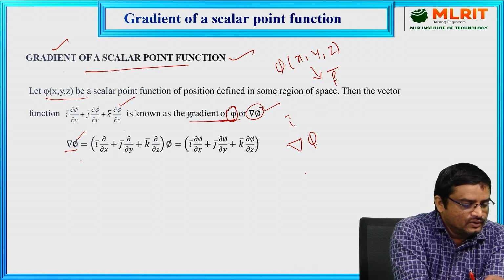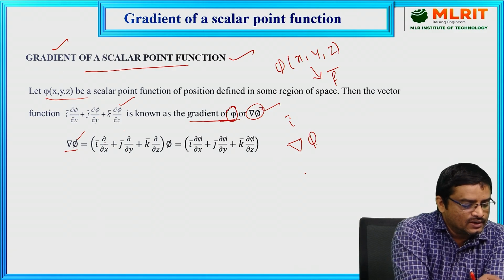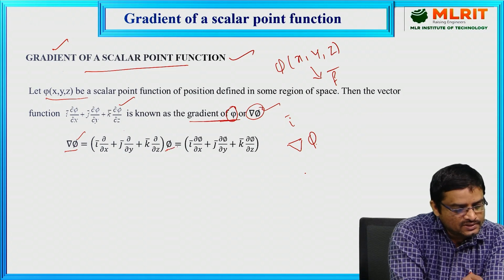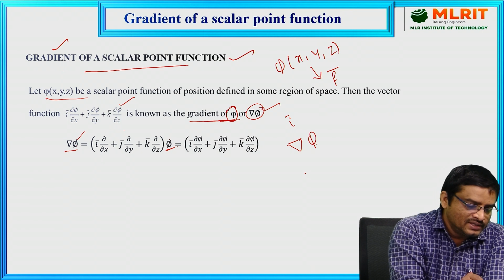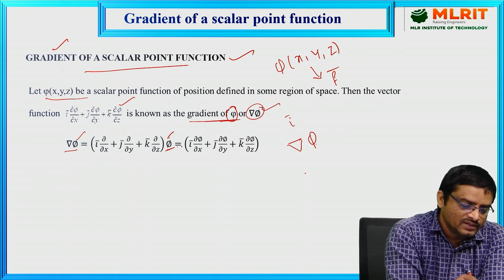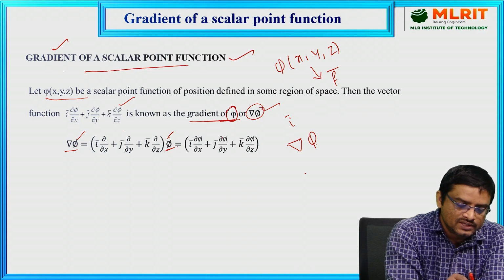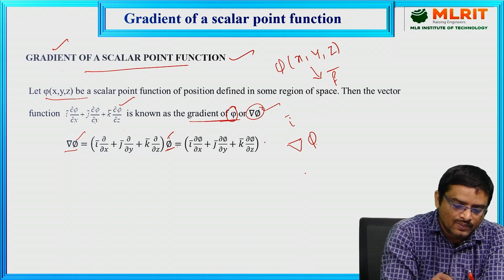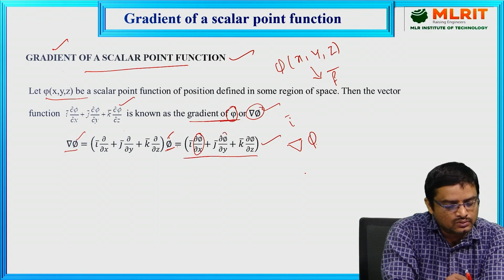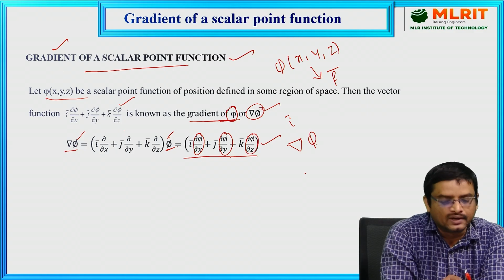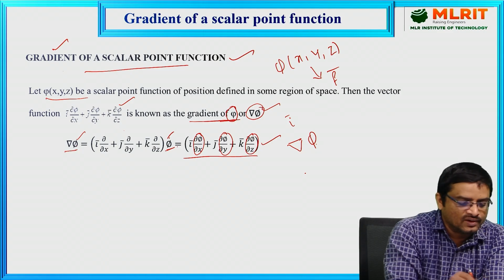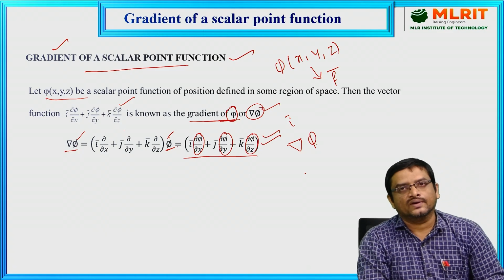Now del, we know, is the differential operator i bar ∂/∂x plus j bar ∂/∂y plus k bar ∂/∂z, acting on this scalar point function. Removing the brackets by multiplying each term with φ, you will get i bar ∂φ/∂x plus j bar ∂φ/∂y plus k bar ∂φ/∂z. Once you get the partial derivatives ∂φ/∂x, ∂φ/∂y, ∂φ/∂z and replace them here, the scalar point function will be converted into a vector point function.